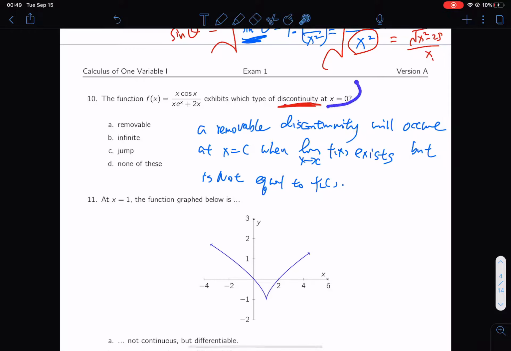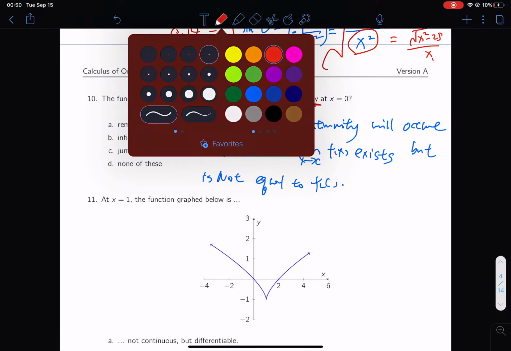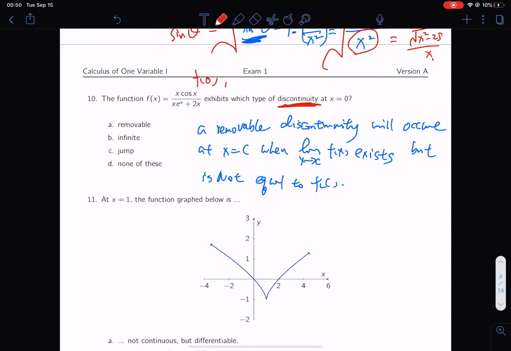Let's check it first. When x is equal to 0, the numerator is 0, the denominator is 0 plus 0. So this is the 0 divided by 0 case. That means the function f of 0 is not defined. So let's check the limiting value.